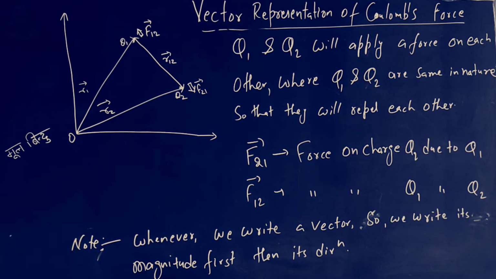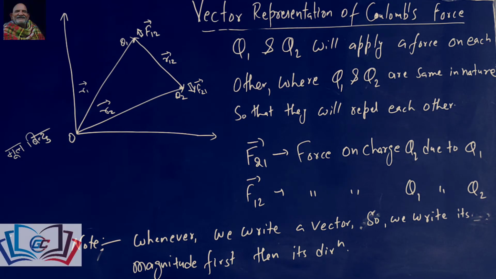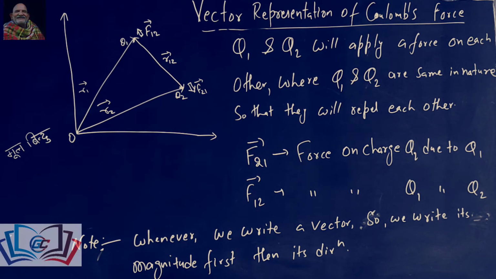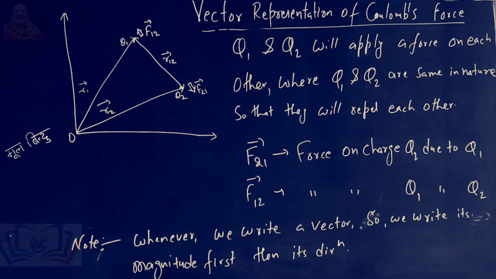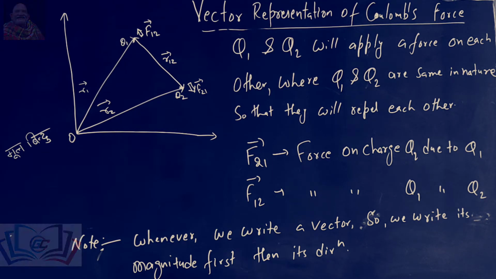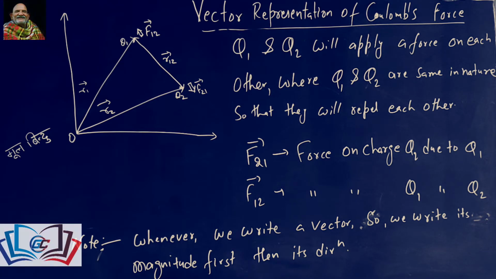They will go far from each other. The F21 vector will be the force on charge q2 due to q1. Whatever force q1 applies on q2 is known as the F21 vector. Similarly, the F12 vector is the force on charge q1 due to q2.